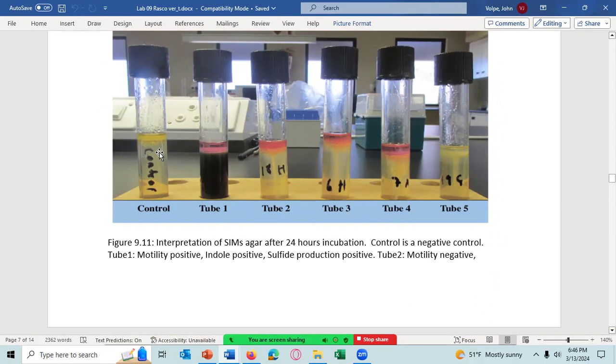SIM stands for sulfide production, hydrogen sulfide, and if it's black, hydrogen sulfide is produced; I for indole being produced; and M for motility. You stab inoculated. If you only have growth in the stab, then it's non-motile. If it flares from the stab, as this one is doing, then it is motile. Any question about that?